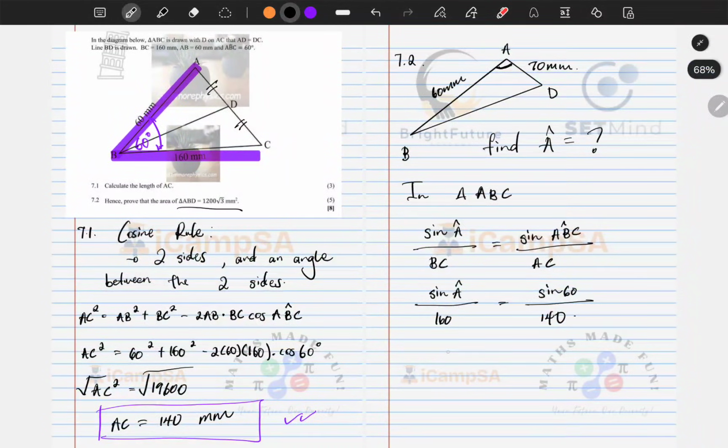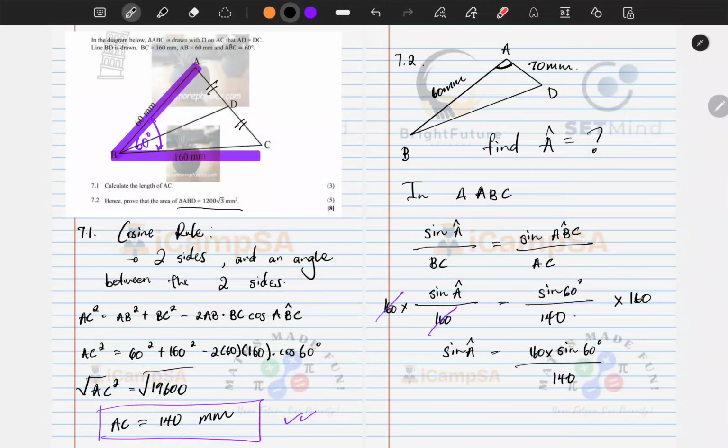From here, sine of A is equal to, multiplying by 160 on both sides so that they cancel, 160 times sine of 60 degrees all over 140.